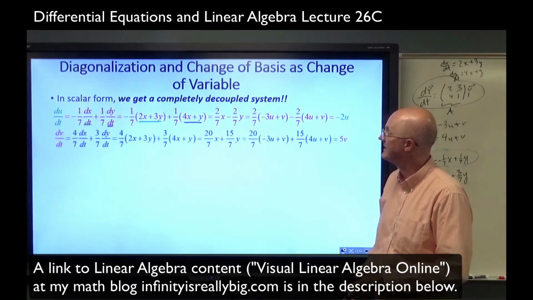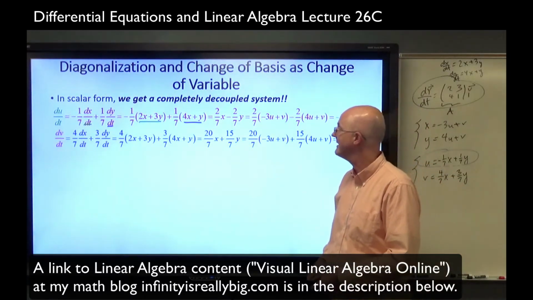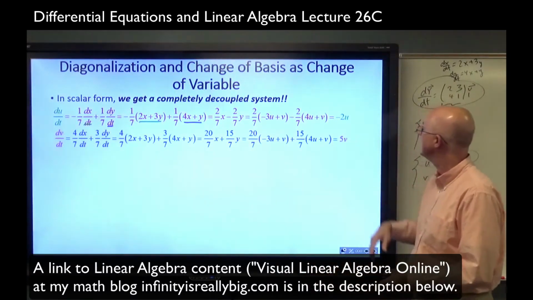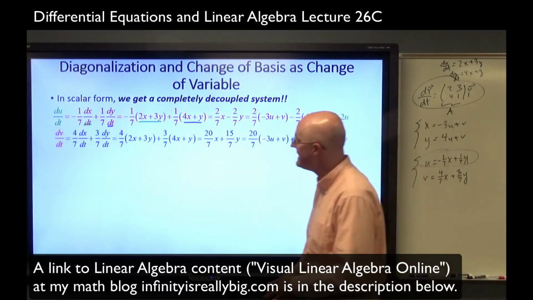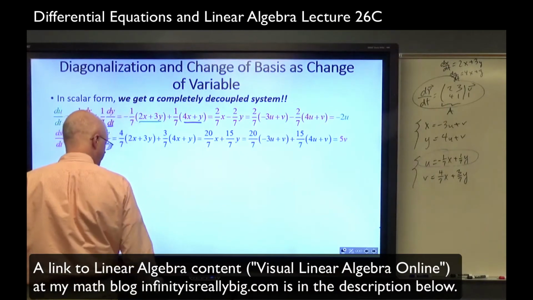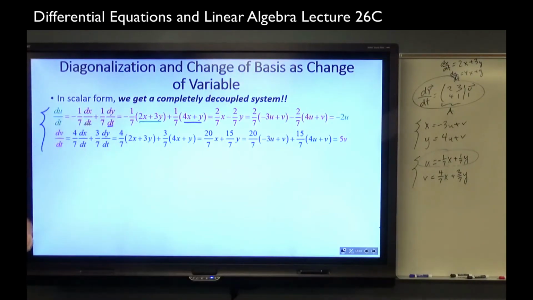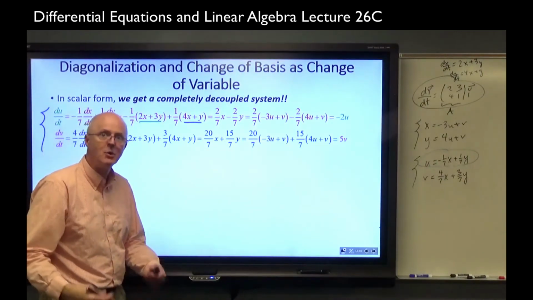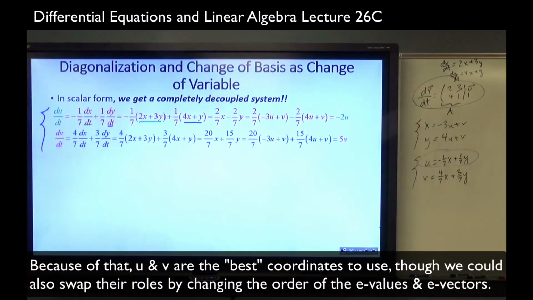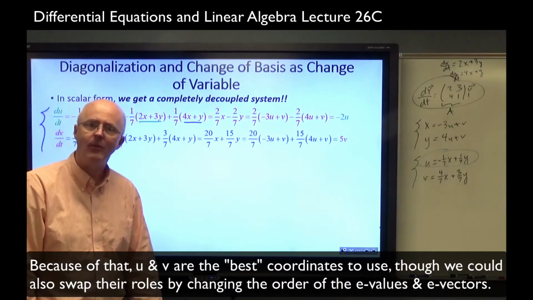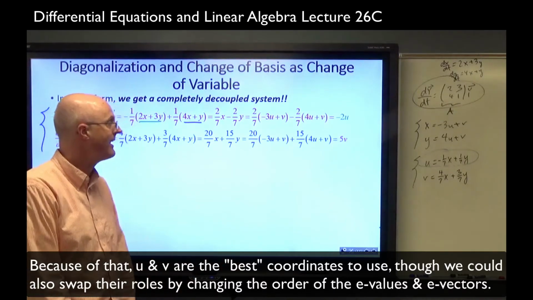You can do a similar kind of thing for dv/dt. Check all the same things again. In the end, you get the u terms canceling, and you get 5v. That's a completely decoupled system in terms of u and v, the new coordinates. We like completely decoupled systems. We know how to find the answer right away.